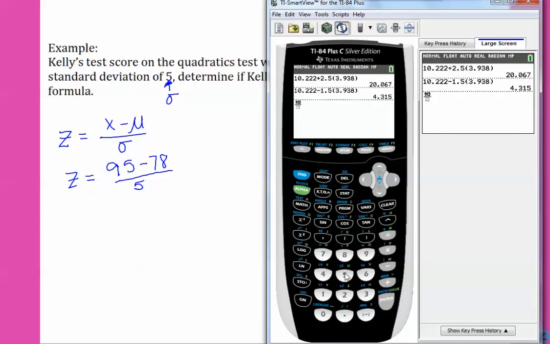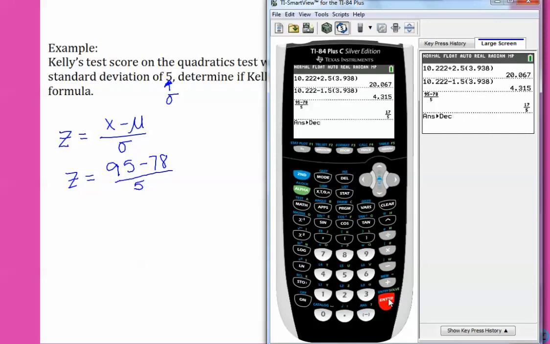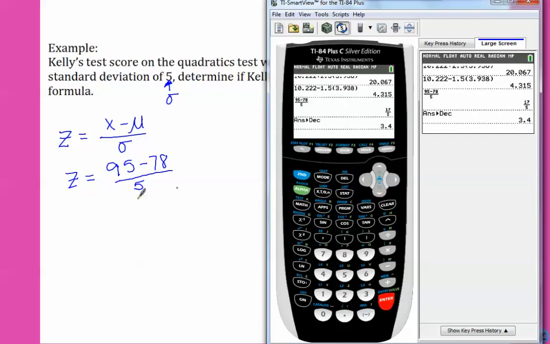So we do 95 minus 78 over 5. Now what this does is it's going to give us our answer as a fraction, which doesn't really help us out. So what we can do is do math, change it to a decimal, enter, enter. So it's 3.4.